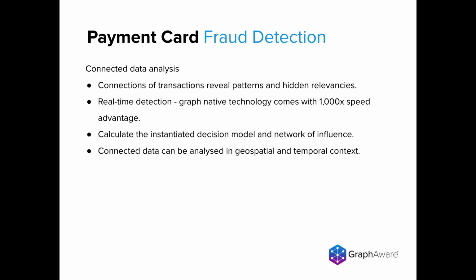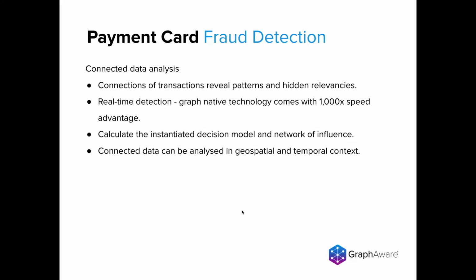Graph data can calculate the actual instantiated decision model, a network of influences to affect an outcome. It's also much richer in insight and relevance than a statistical model. And all these reasons make us believe that's the very best method to prevent fraud, detect fraud, and get insights that help institutions and individuals in the same way.